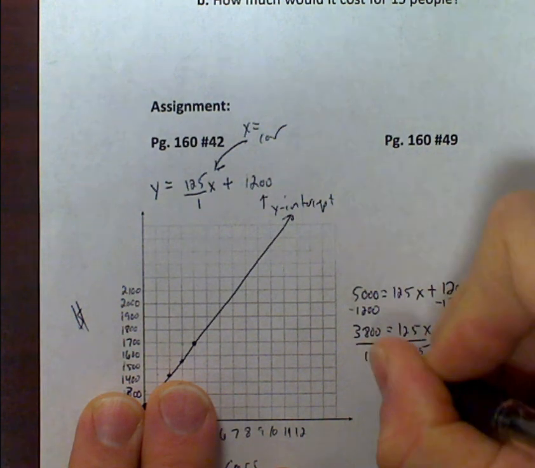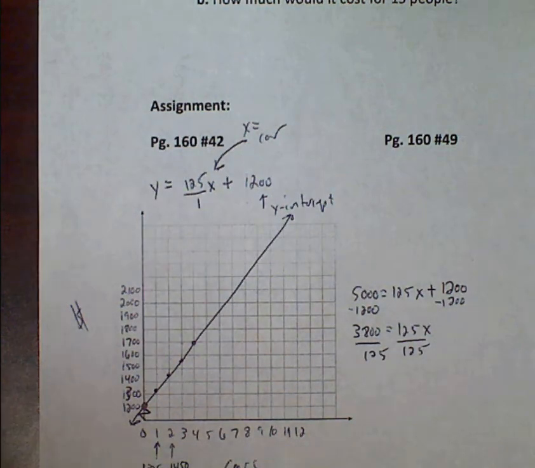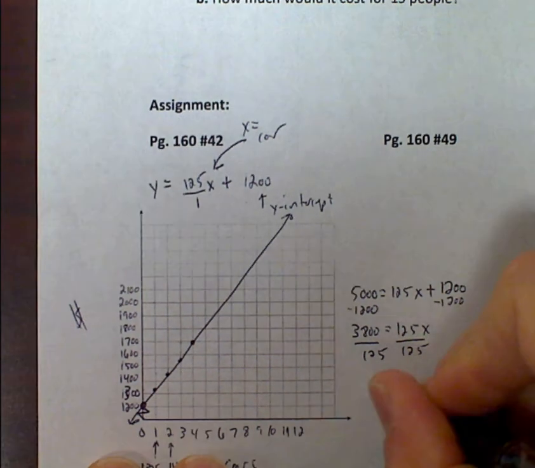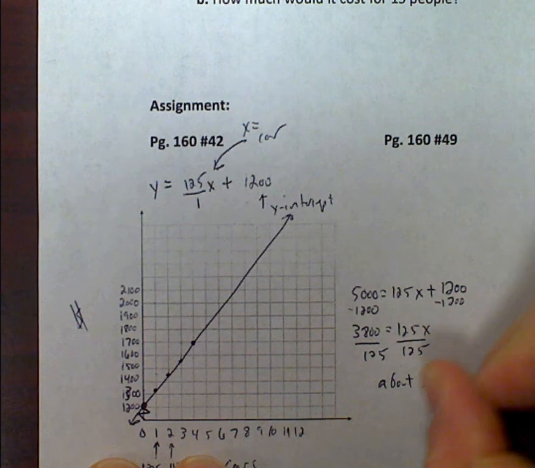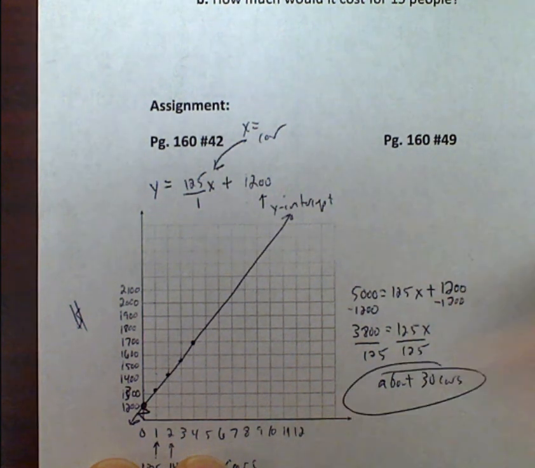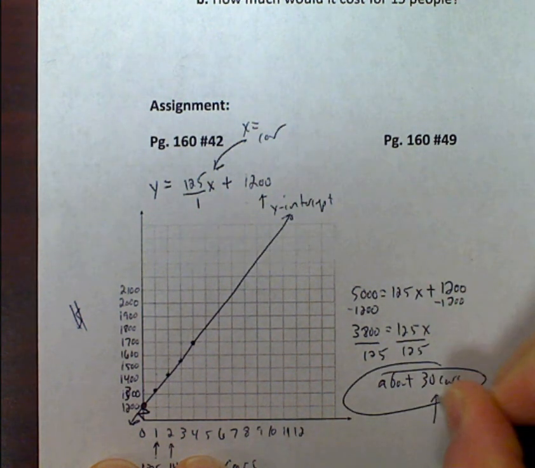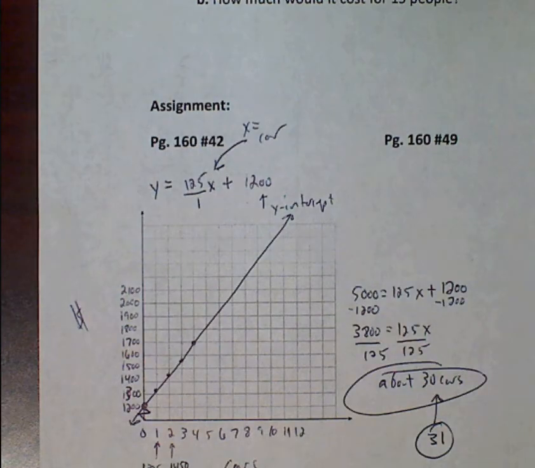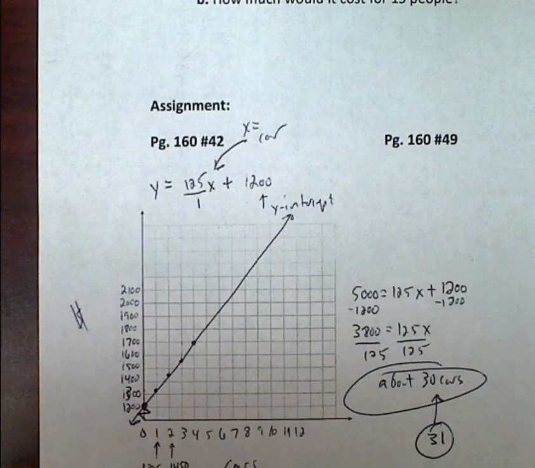Divide by 125, 3,800 divided by 125 gives me about 30 cars. So if I really want to make sure that I get my money, I would have to sell 31 cars.